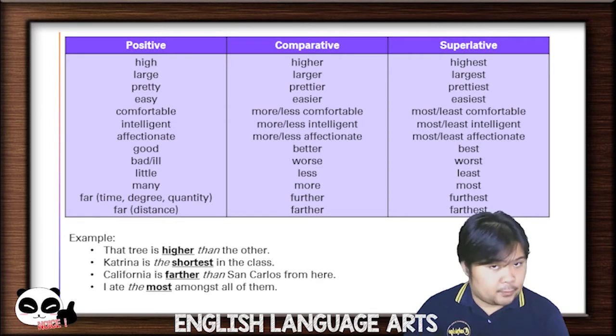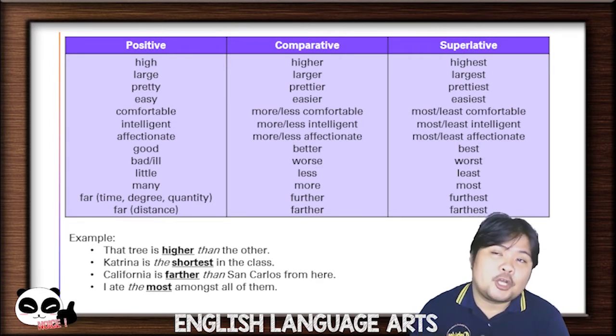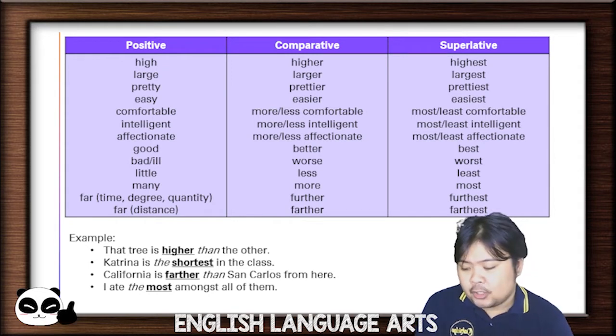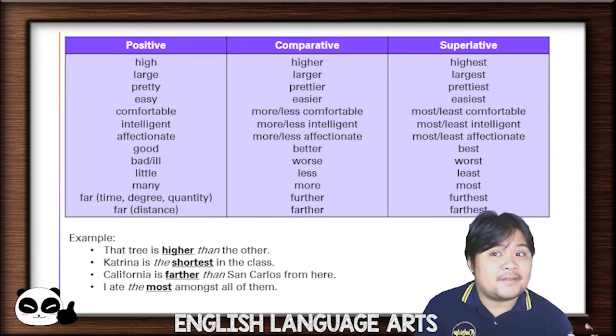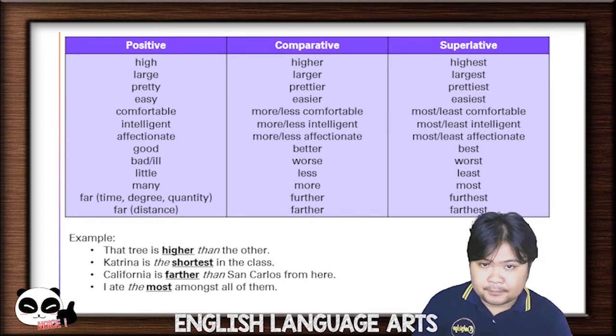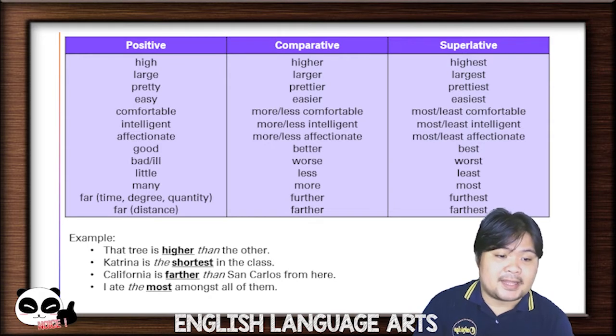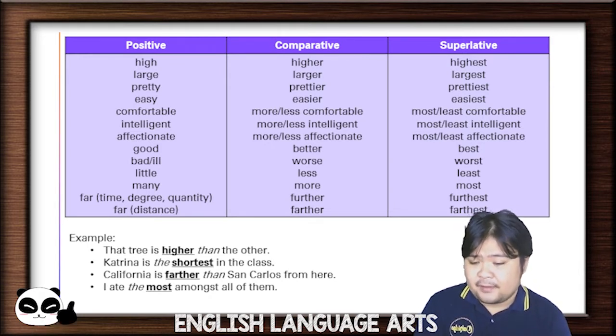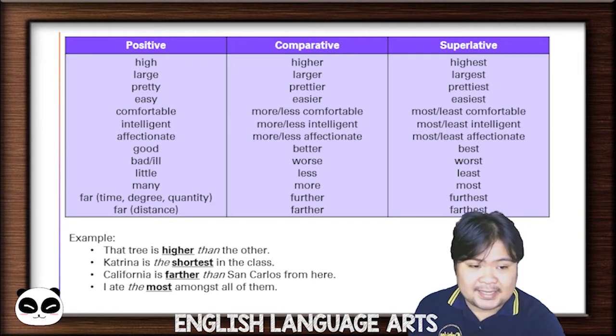Okay, that's how it works. But what about a superlative? Superlative, don't forget the word the, and you would compare it to everything else. So for example, you could see in my second example, Katrina is the shortest in the class. And that's how you use comparative and superlative forms in sentences.